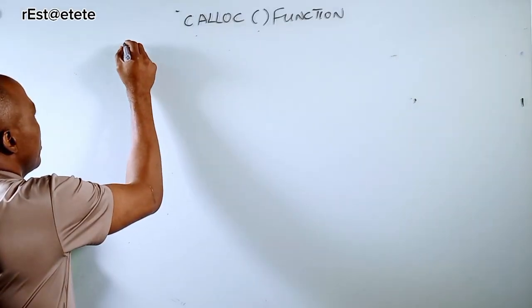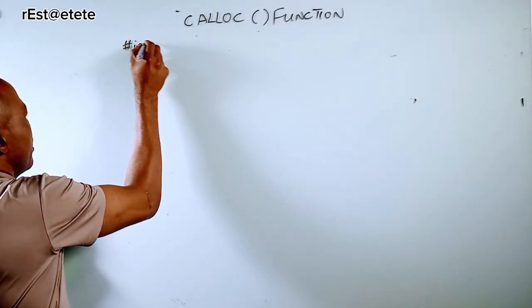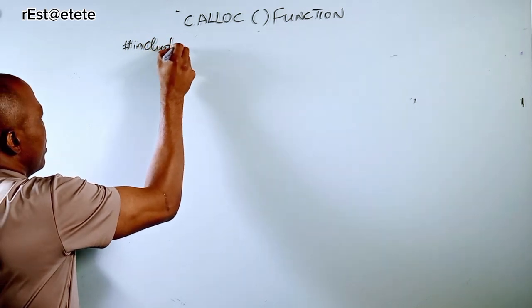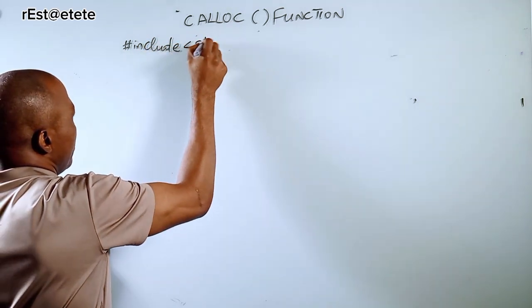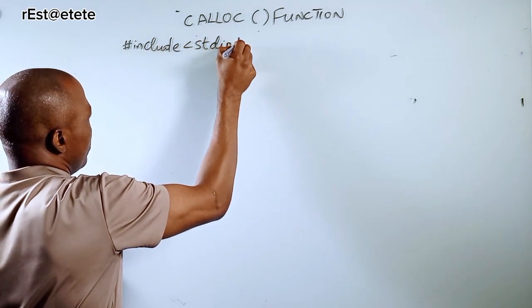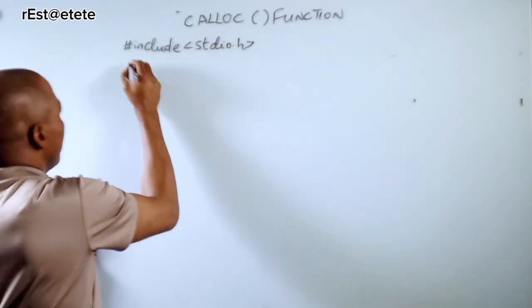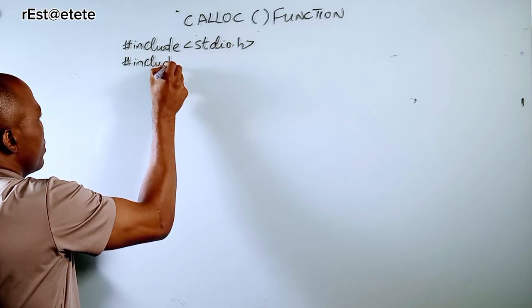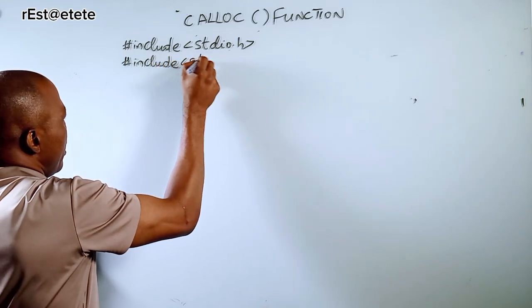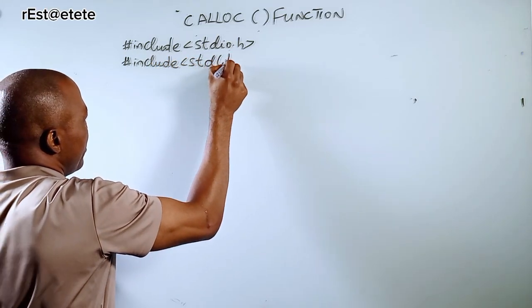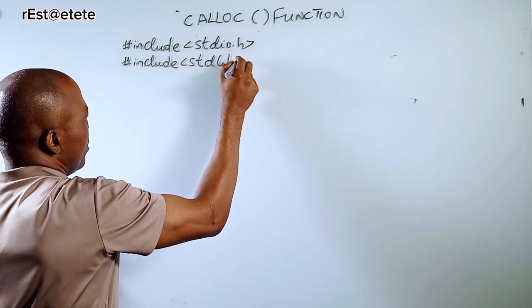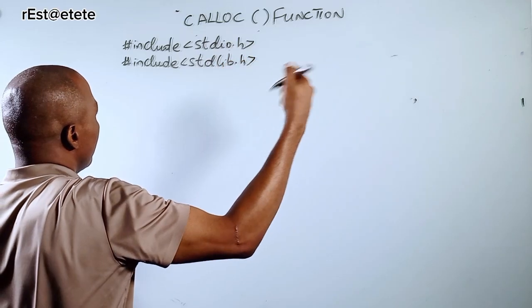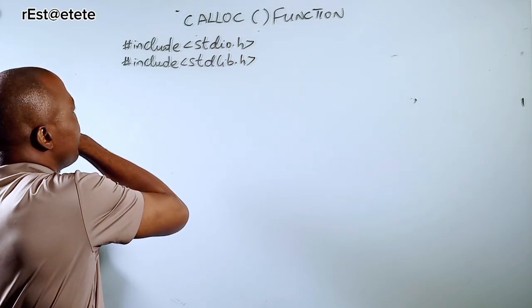So here I will say include stdio.h for our printf function, and then we'll say include stdlib.h for our malloc, calloc, and the free function.